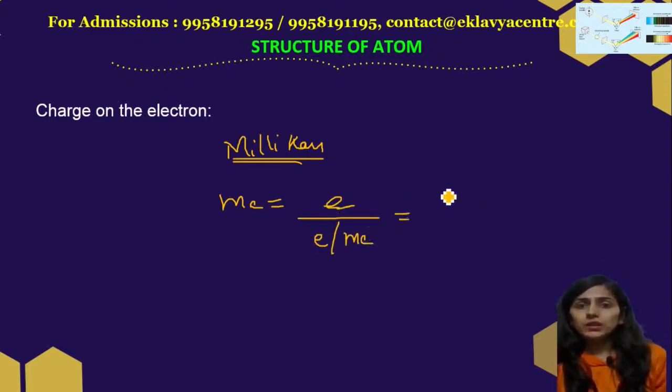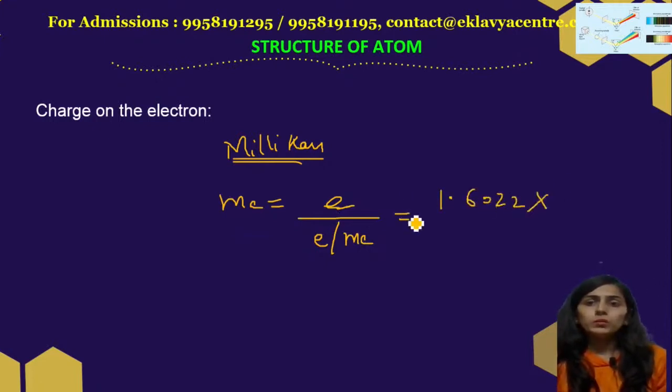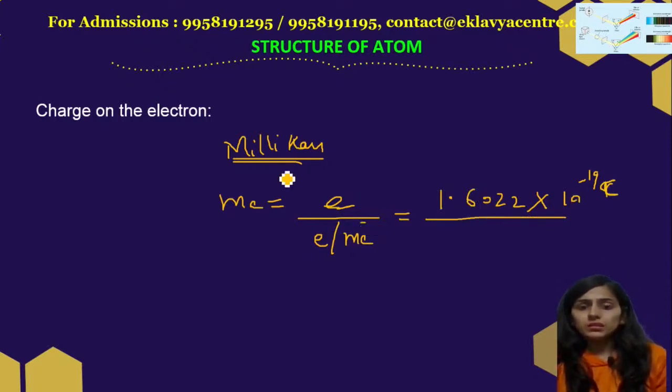Value of charge is 1.6022 into 10 to the power minus 19 coulomb, divided by the e/m ratio, 1.75 into 10 to the power 11 coulomb per kg, right beta?